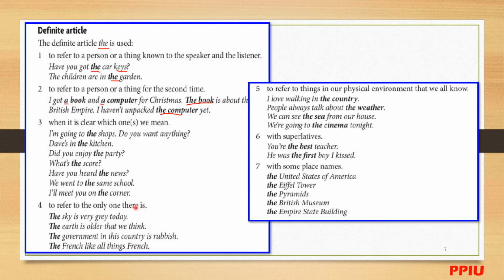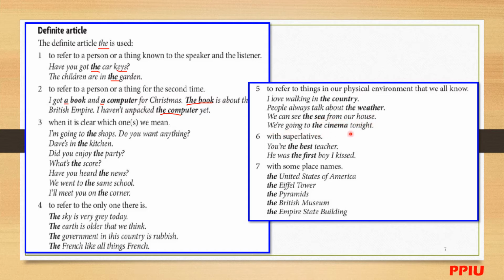Okay, next. Number 5: to refer to things in our physical environment that we all know. I love working in the country. People always talk about the weather. We can see the sea from our house.